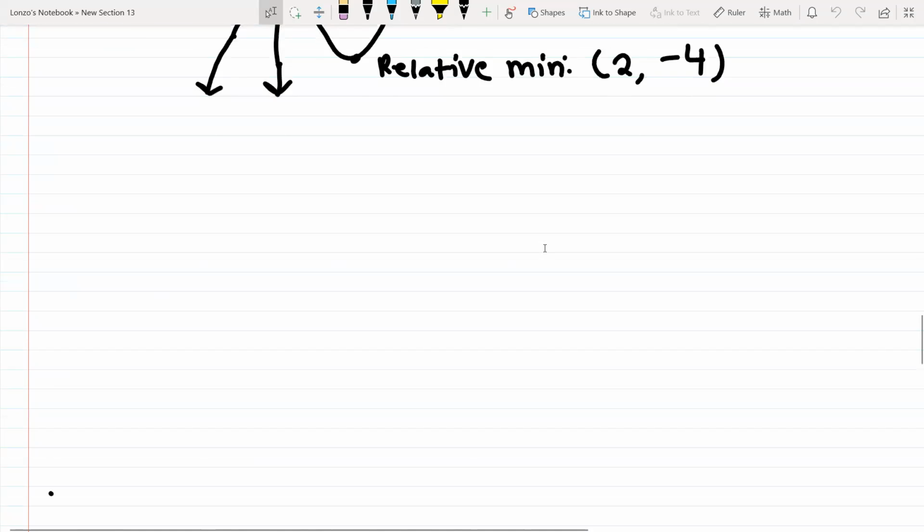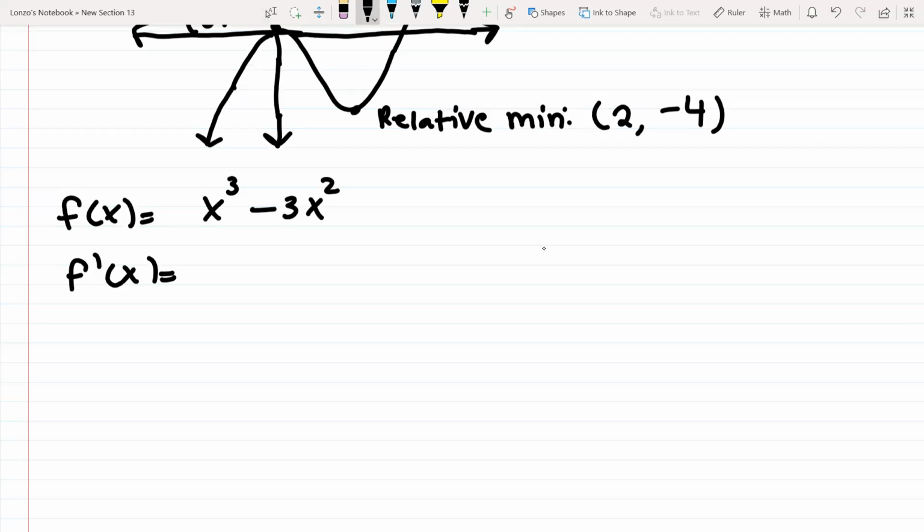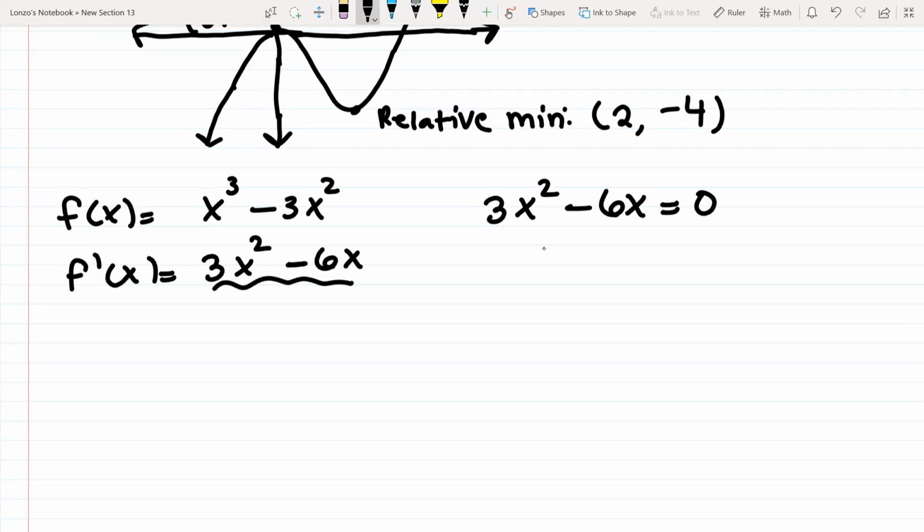So if our function is f of x equals x cubed minus 3x squared, let's take the first derivative. That would be 3x squared minus 6x. Then what we're going to do is set this whole thing to 0. What I could do is take out a 3, and we can also take out an x.